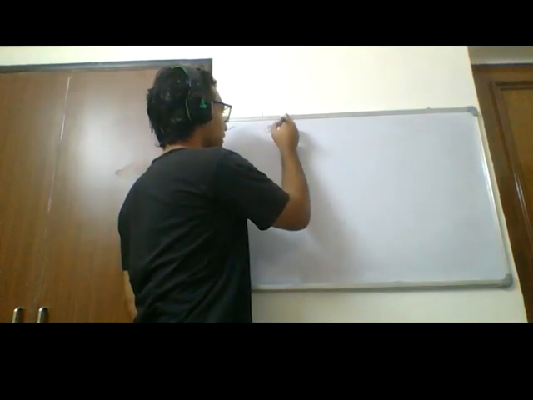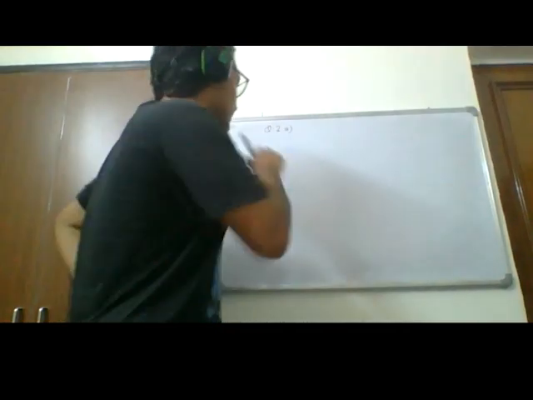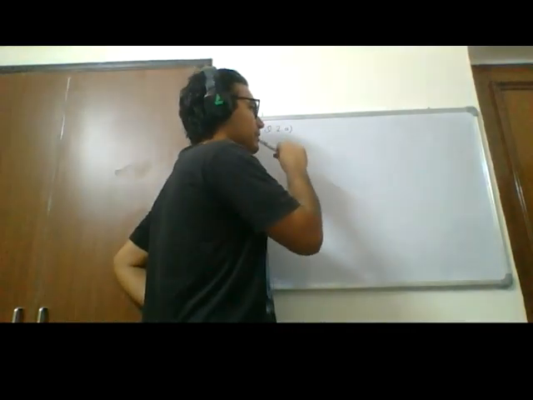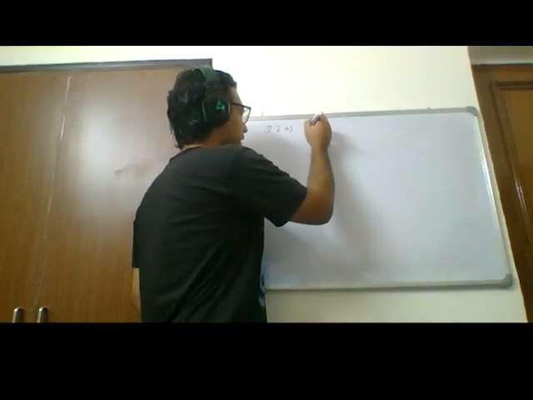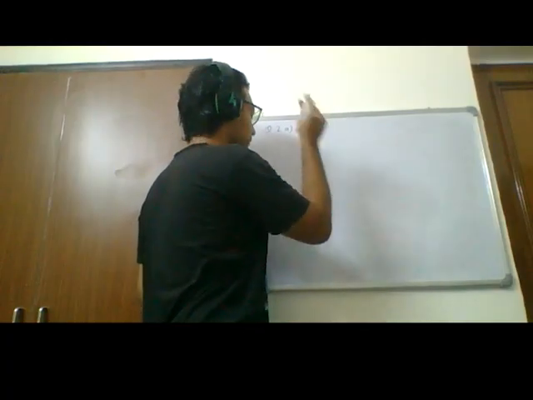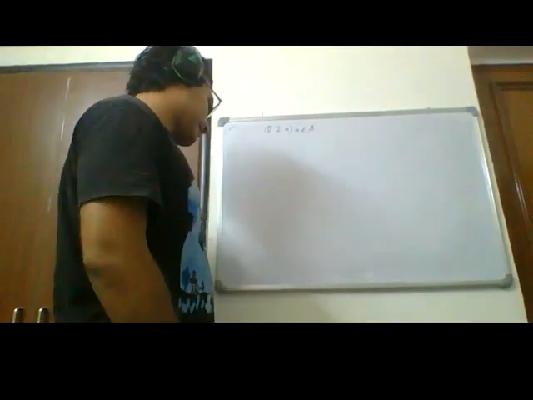Every element, except the largest, has an immediate successor. Okay, question 2A. For any element, let's say a belongs to A, and A is a well-ordered set.